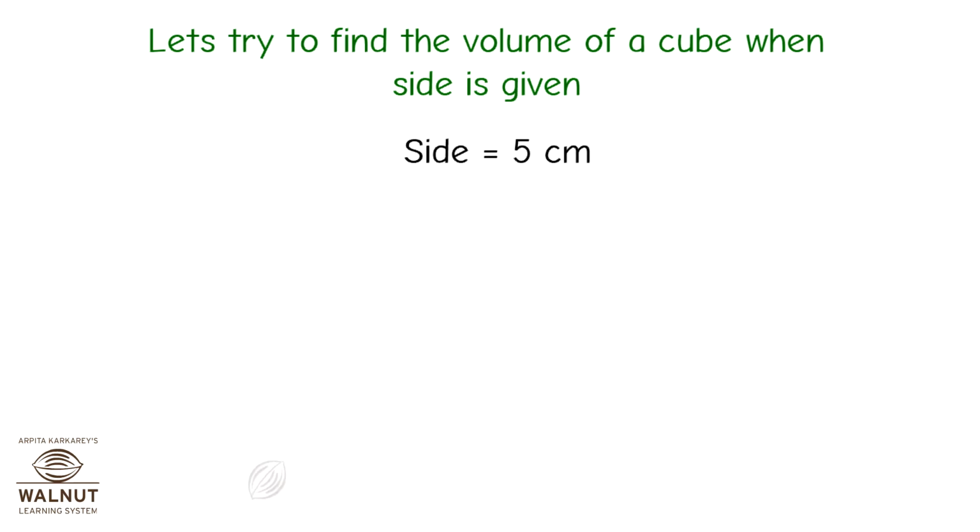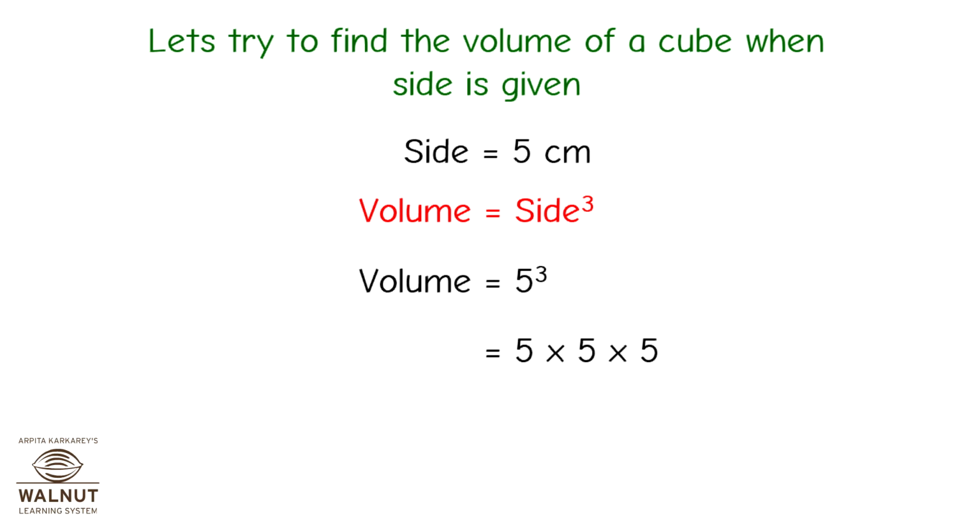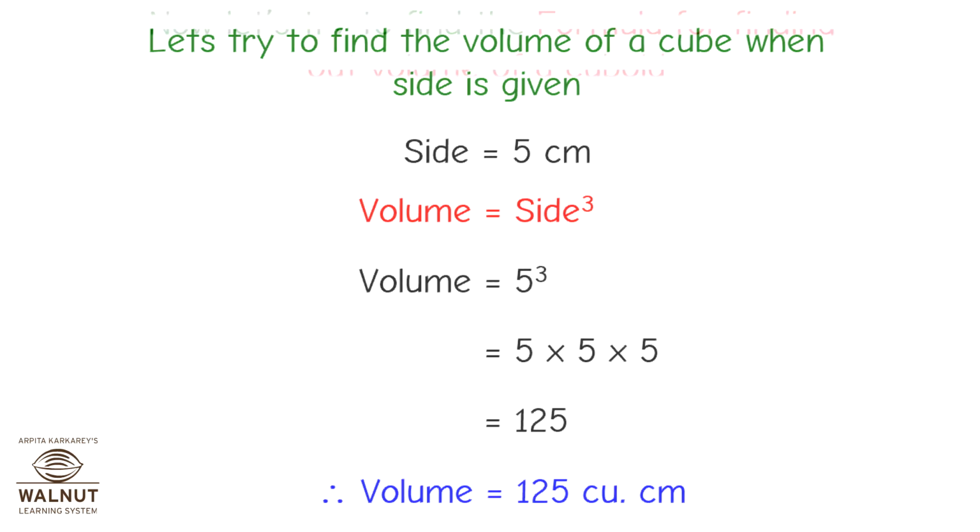Side is equal to 5 centimeters. Volume is equal to side cube. Volume is equal to 5 cube. That is equal to 5 multiplied by 5 multiplied by 5 is equal to 125. Therefore, volume is equal to 125 cubic centimeters.